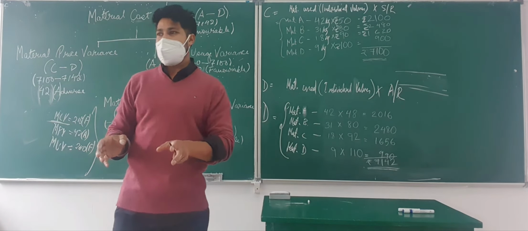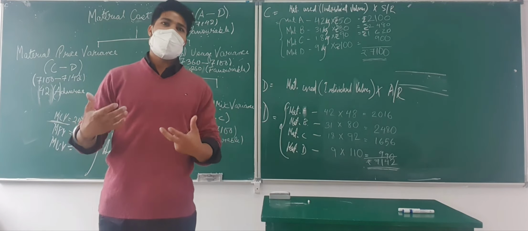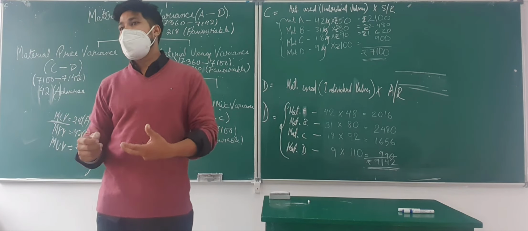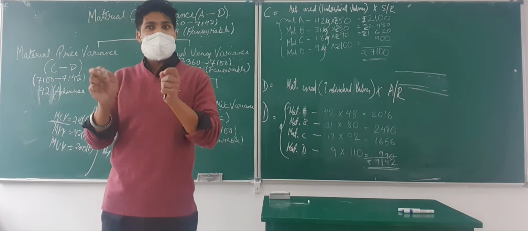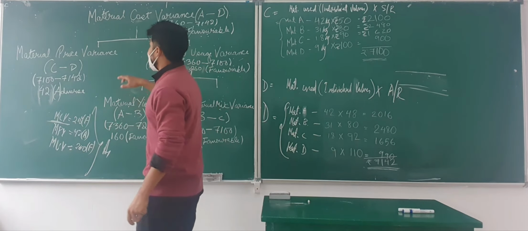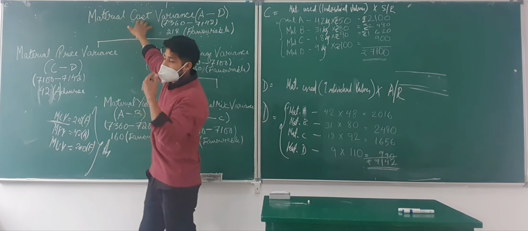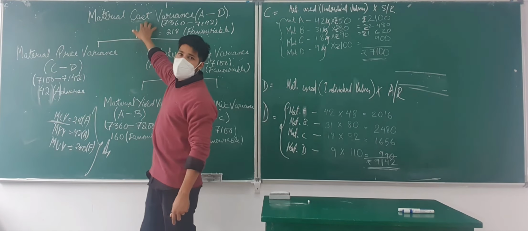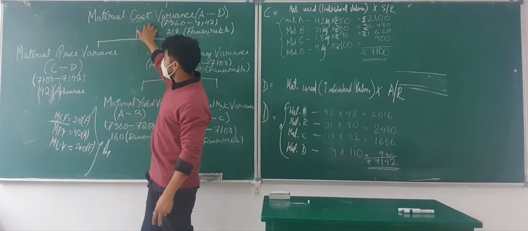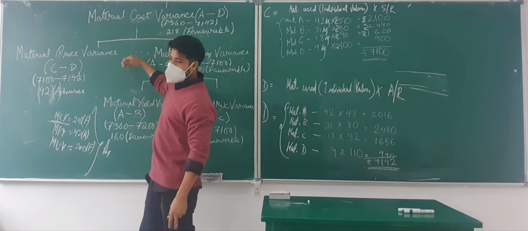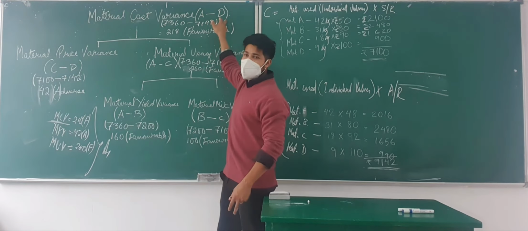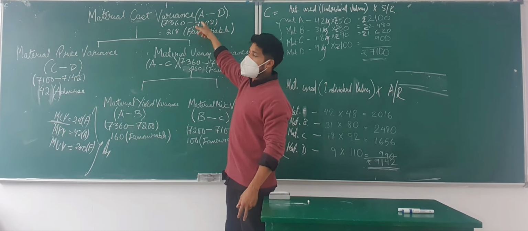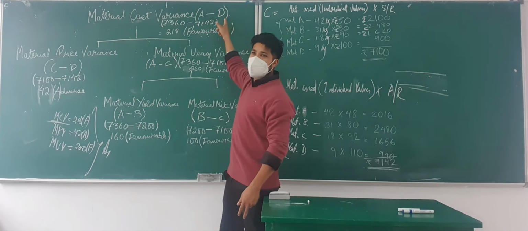Sometimes they ask you theory. Then you will be thinking, sir, never taught us theory. How to write now? Draw the flowchart, use the full spelling, and then write the definition. How to write the definition? Material cost variance can be calculated using A minus D. Write the full formula of A, full formula for D. Just writing this, you get 2 marks.